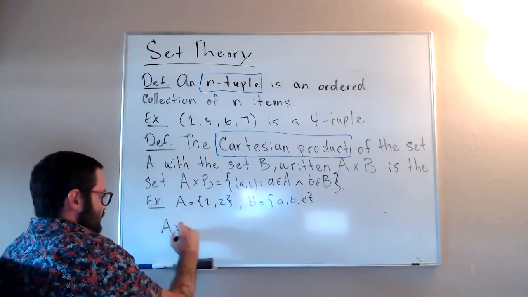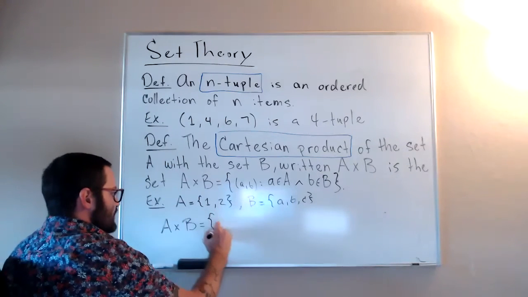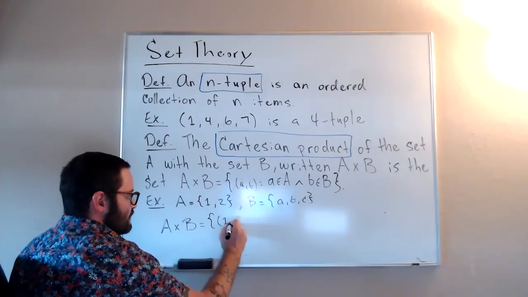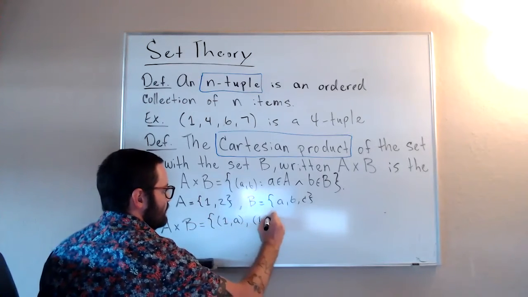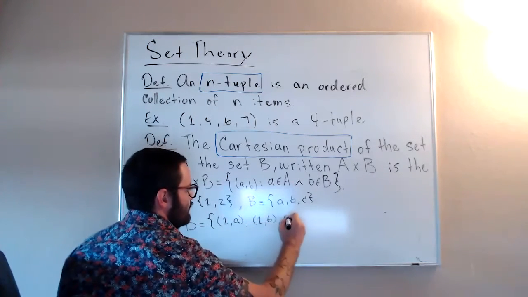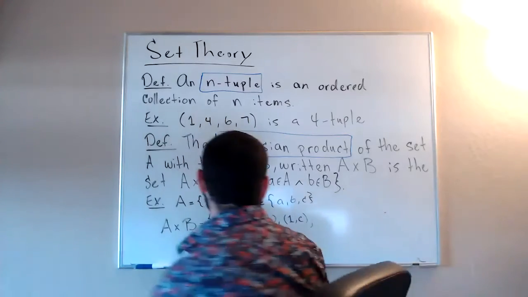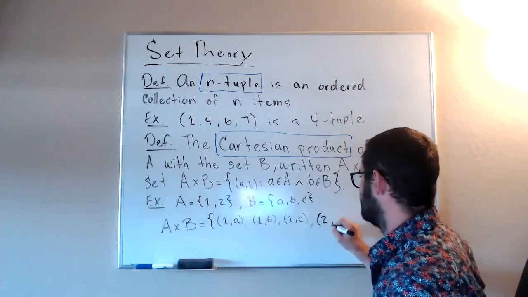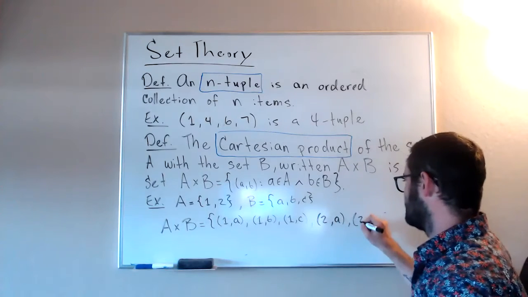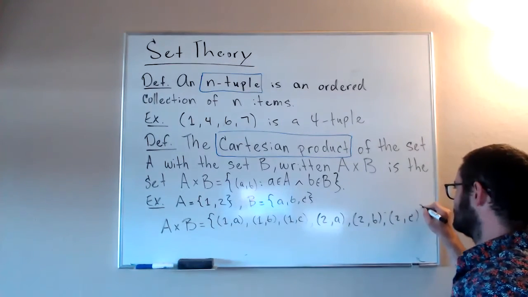Then the Cartesian product of A with B is the set of all tuples of this form: (1, a), (1, b), (1, c), and then (2, a), (2, b), and then finally (2, c).